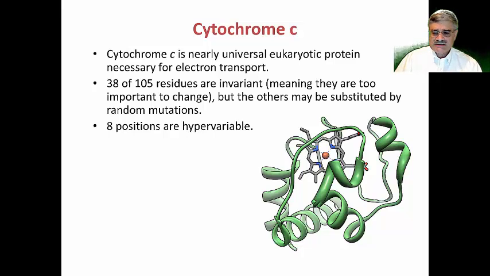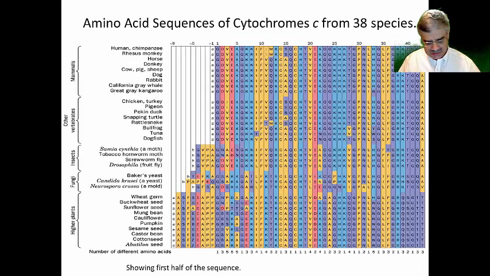So amino acid sequences can be determined for a large number of species that you're interested in investigating. Now, this slide shows a lot of letters and a lot of colors, and it looks like it might be a little overwhelming.